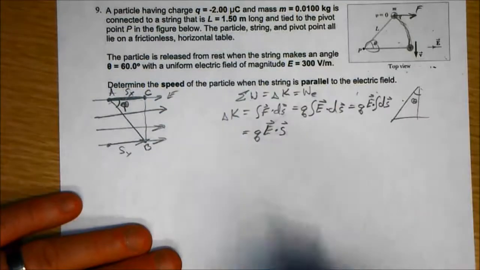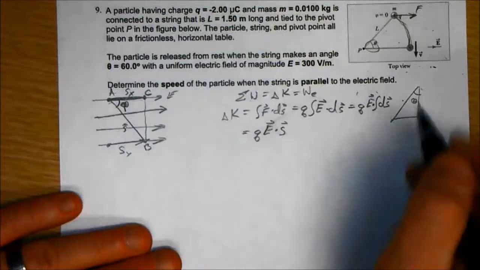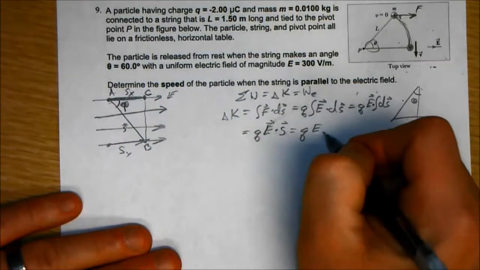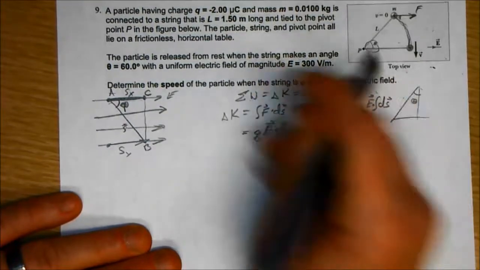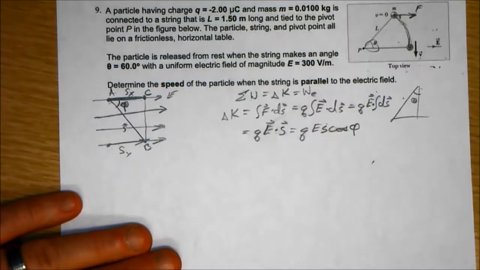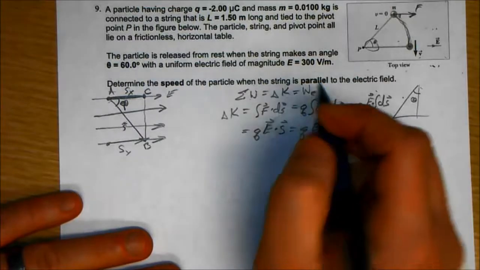These are not equal angles. So if this is S, this is E, this is just equal to Q E S cosine of phi. And like I said, finding phi is going to be kind of difficult.